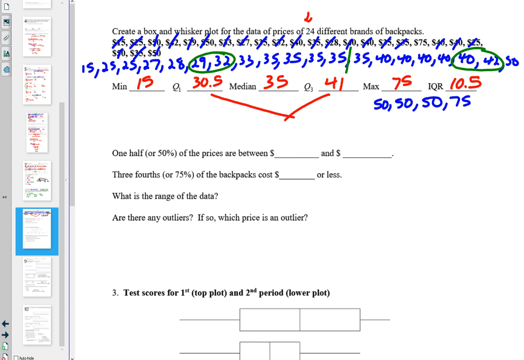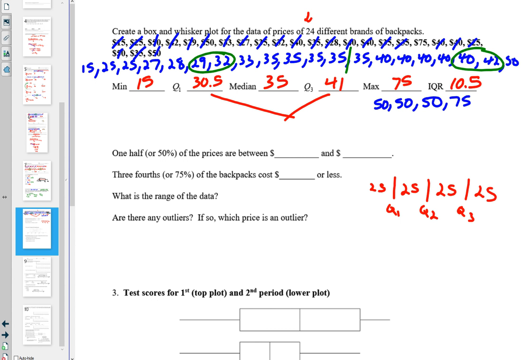It breaks it up into quarters. 25% is below the first quartile, 75% is above. 75% of these numbers are below the third quartile, 25% above. Okay, 25%, 25%, 25%, and 25%. Quartile 1, the median, which is quartile 2, and quartile 3. It breaks it up into quarters, right?